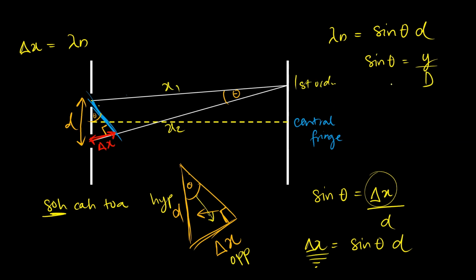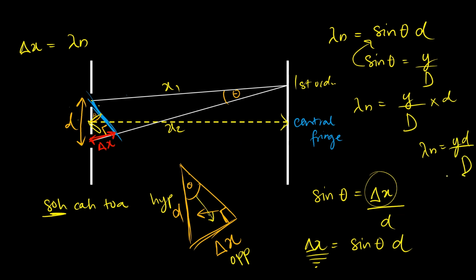So if I substitute sine theta into this, we'll get lambda n is equal to y over capital D multiplied by small d, d being the distance between the slits, and capital D the distance from the slits to the screen. So this is another equation: lambda n is equal to yd over D.